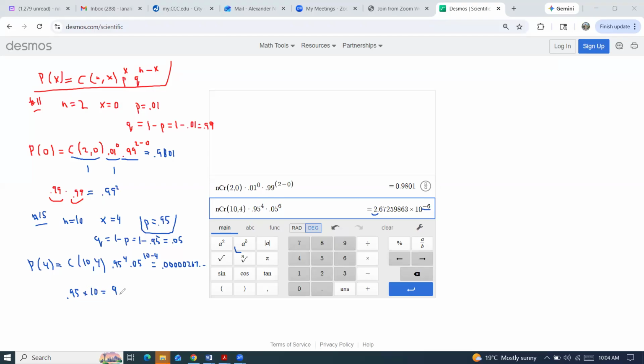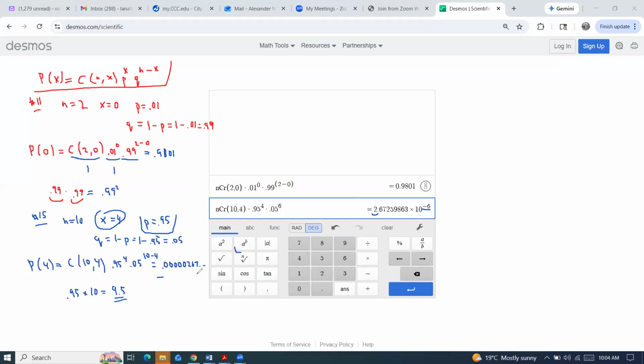So you should get that many successful times. And what they want you to do is just calculate, what if you have only 4 successful times? Is that likely?